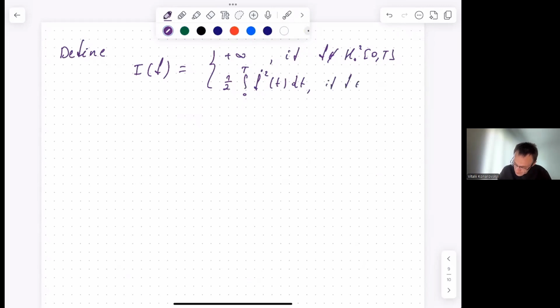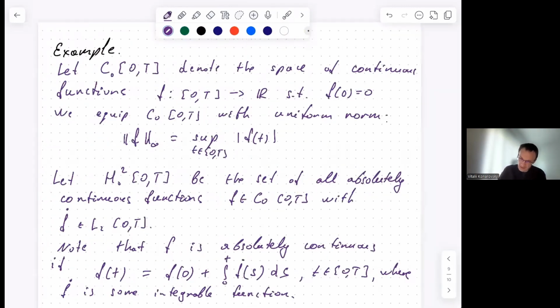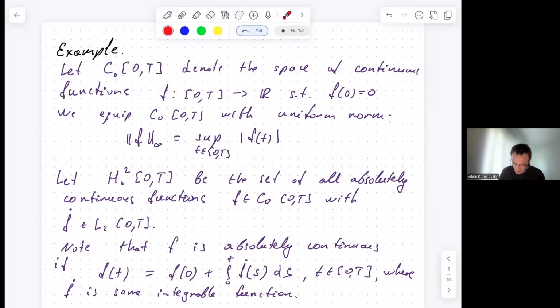If you know what the Sobolev space is, then this is like the W^{1,2} Sobolev space. But still, you don't need to refer to Sobolev spaces because you can here operate with absolute continuity of functions, and then you can clearly work with that type of definition to prove something.